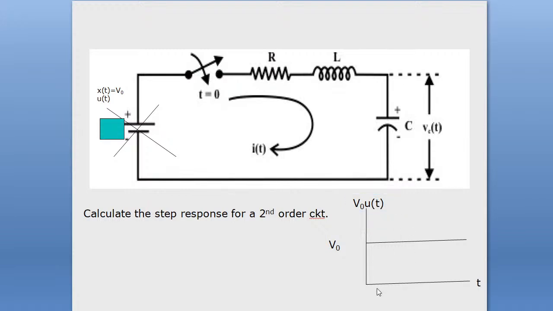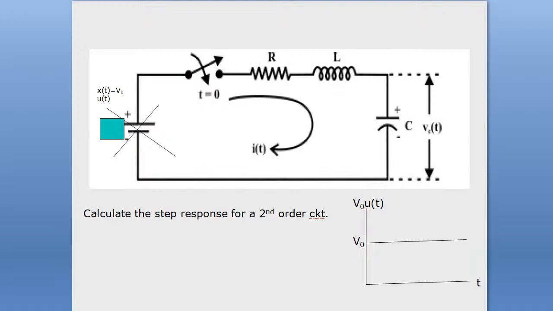The input for this circuit looks like this, V naught. Now you calculate the step response for this second order circuit. Second order means the order of the differential equation is 2, a d square by dt square term will come.